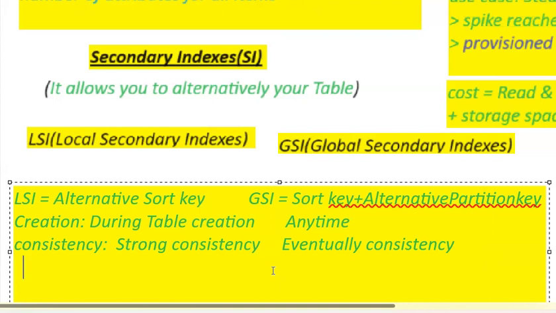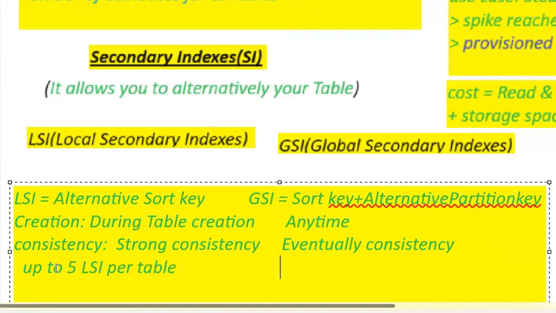So now the question is, up to how many indexes can I create? You can create up to 5 local secondary indexes per table.